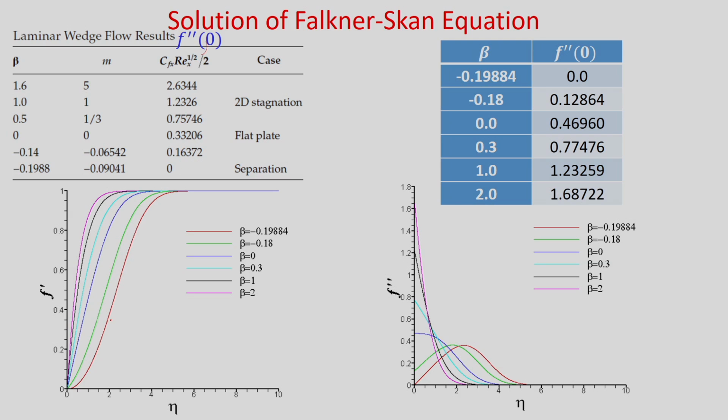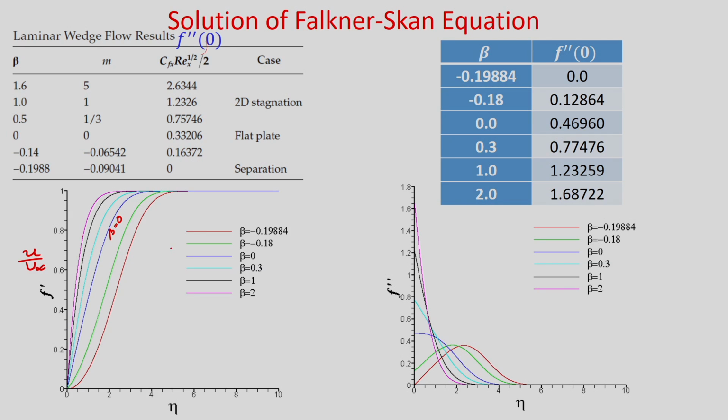After that, the boundary layer theory will not be valid if flow separates. Here we have plotted the velocity distribution f prime, that means u by u infinity, with eta. You can see that for different values of beta, this is beta 2, then this is beta 1 which is the case of 2D stagnation flow, and this blue color is for flow over flat plate, beta is equal to 0.